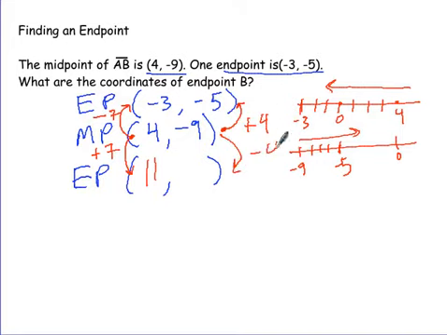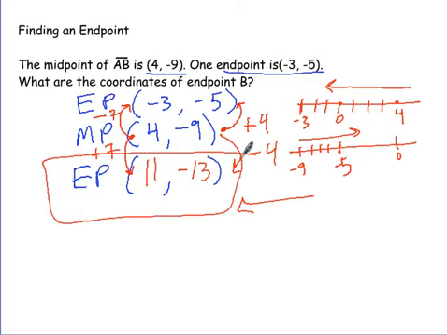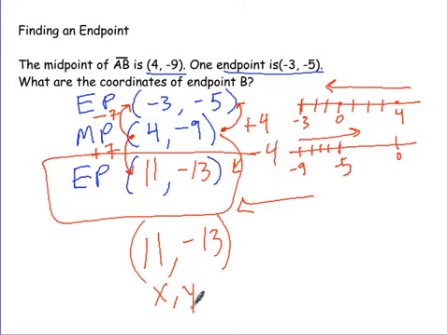I'm going to go down 4. That means I'm going this way from -9, and I'm going to end up with 13. This is my answer. My answer is 11, -13. Again, I'm looking for not just one answer, but an X and Y coordinate point. So that is how I'm going to do that.